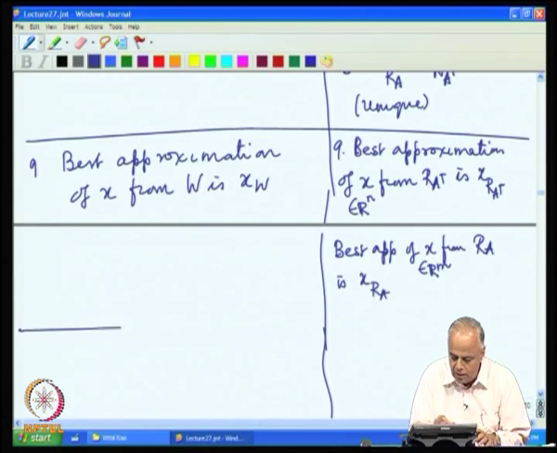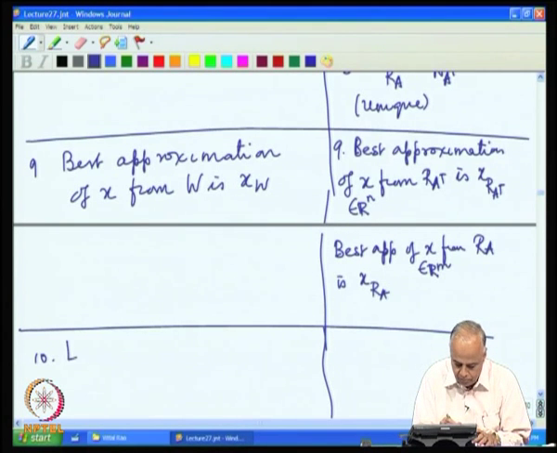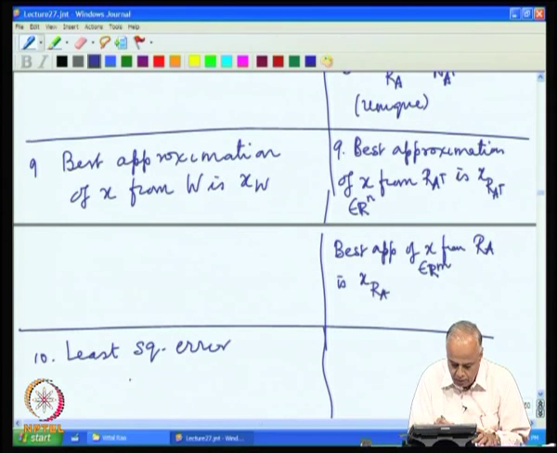And then what is the least error? It is the norm of x_W perp squared.